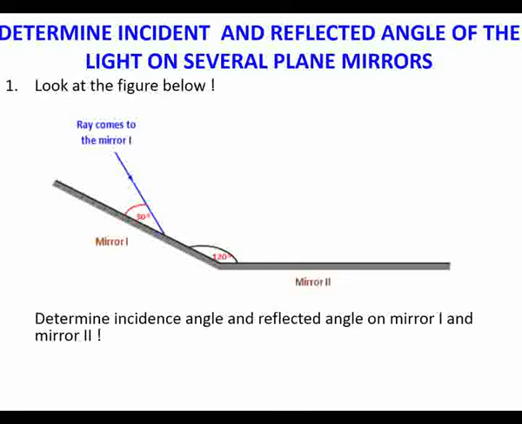From the figure, the ray comes to mirror 1 such that the angle between the ray and mirror 1 is 30 degrees, and the angle between mirror 1 and mirror 2 is 120 degrees. Here, determine the incidence angle and reflected angle on mirror 1 and mirror 2.